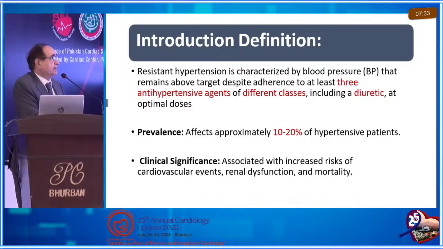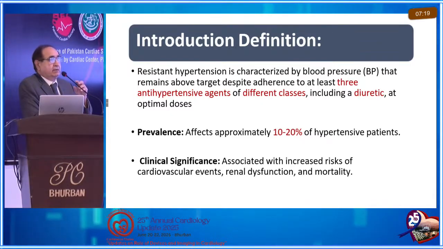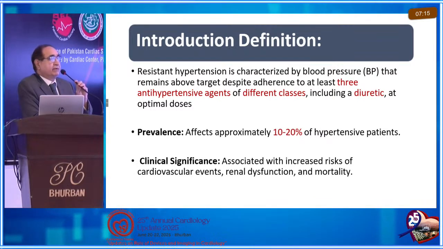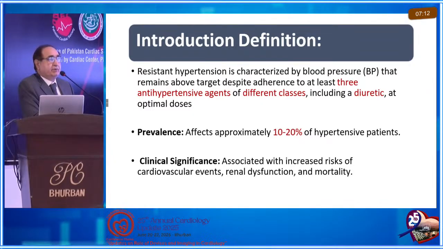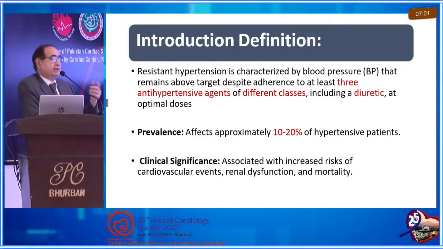It is characterized by blood pressure that remains above target despite adherence to at least 3 antihypertensive agents of different classes, including a diuretic at optimal doses. In some references, you can find that they include an angiotensin receptor blocker plus a calcium channel blocker plus a diuretic.